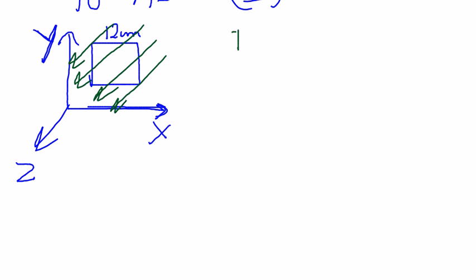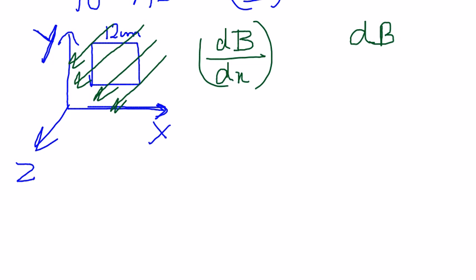This magnetic field is neither uniform in space nor constant in time. So this magnetic field changes with space and is also changing with time.